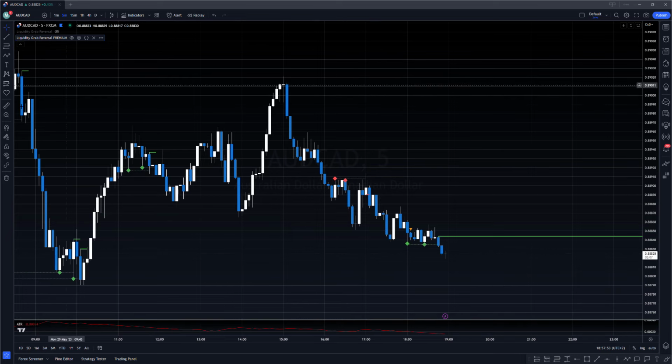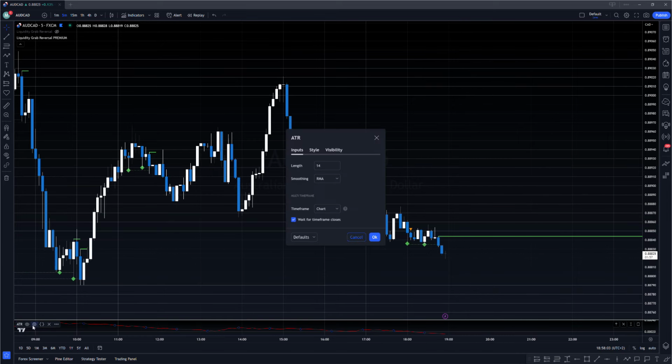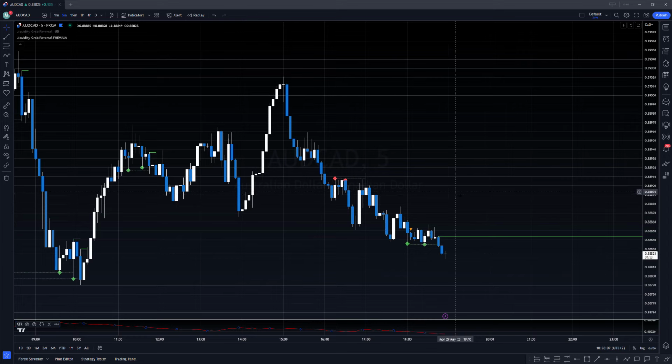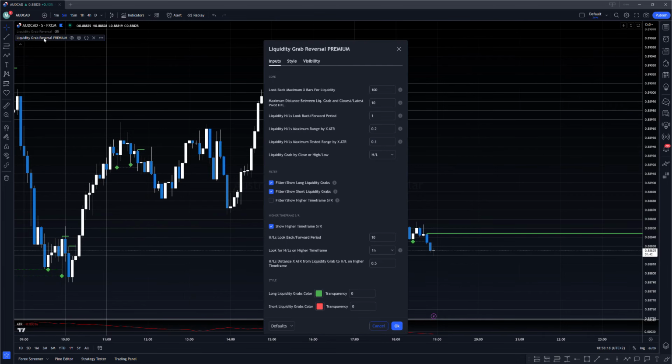So from high to low, if you measure the candle, you can see this candle has 4 pips, and if you look here, it looks by default 14 candles back, and it looks for average candle height. So as you can see here, average candle height is 1 pip and 6 pipettes at this moment. So it is used here in the setting liquidity high lows maximum range by X ATR.